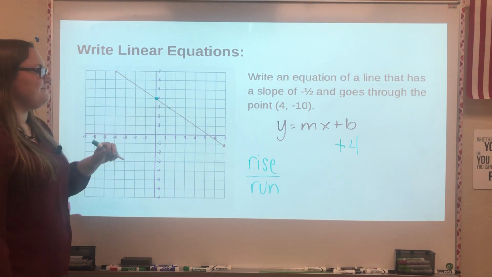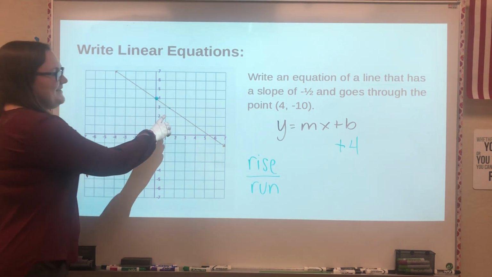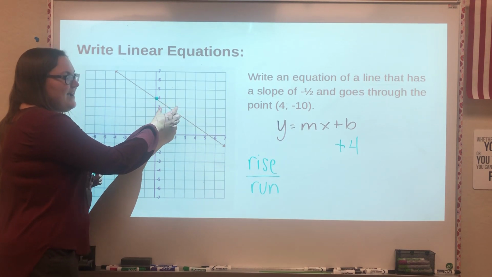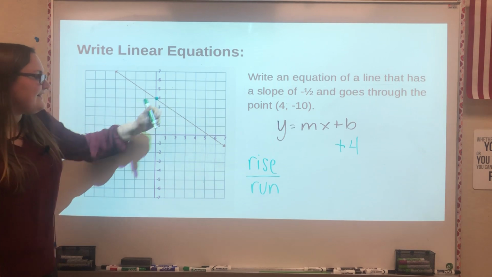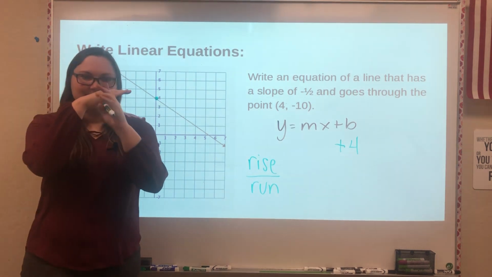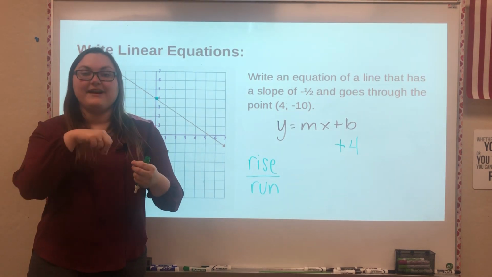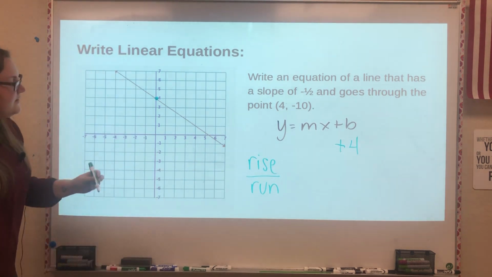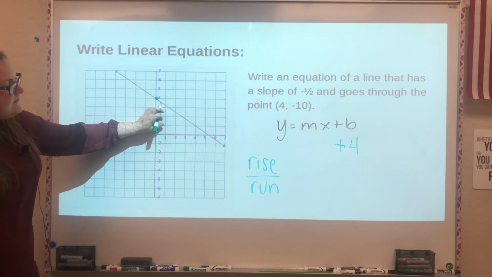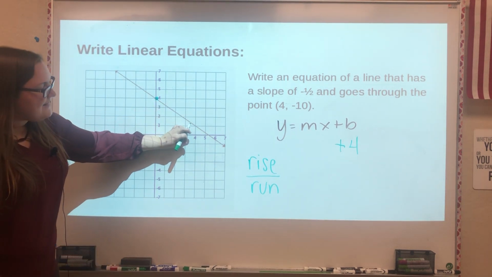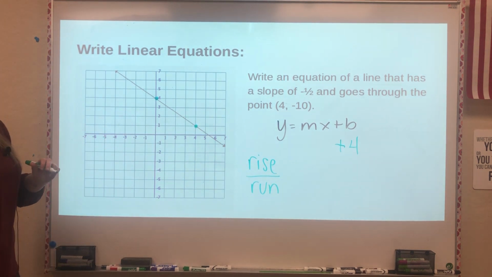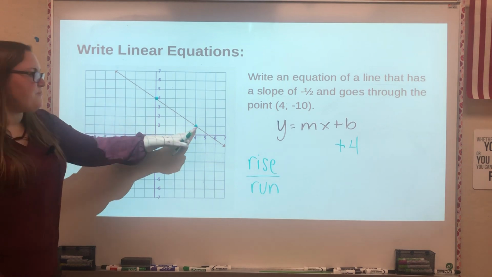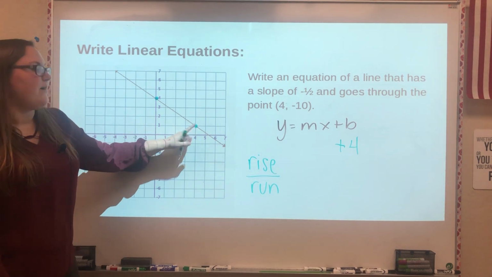See how it's in between the grid lines. I want to pick a point that clearly intersects those grid lines at a specific point because we're going to be counting boxes with our rise over run. So if I follow the line, I see that this point right here clearly intersects on the graph. It's very clear that that point right there is at the point 4, 1.